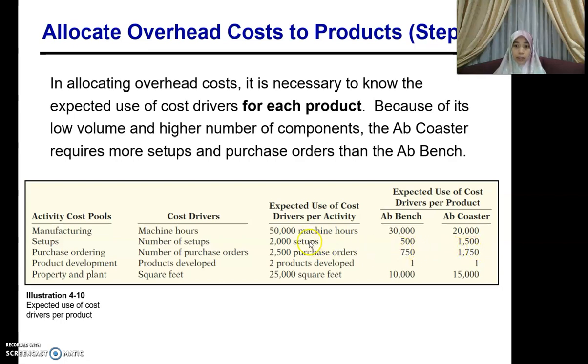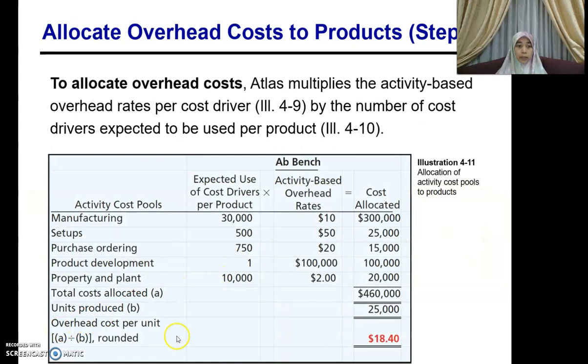If let's say the question is silent and does not give you this information, you still can work out based on the expected use of cost drivers per product here. How do you get the 2,000? That will be the 500 plus 1,500. And then you do this for all of them, and then you will get the cost allocated here. How do you work this out?